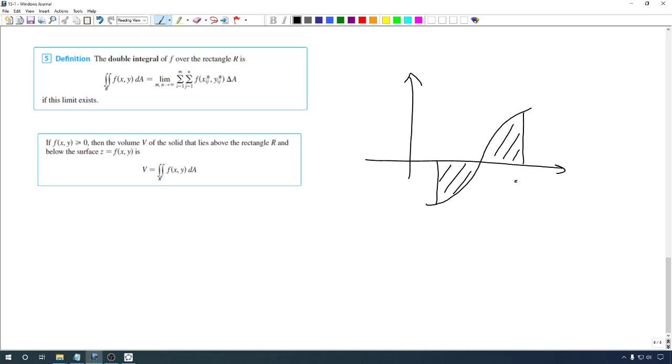So for volumes, we take the volume that's above the xy plane minus the volume that's below the xy plane, and that will be the double integral over that entire rectangle. So we're basically allowed to deal with negative volumes as long as they're below the xy plane. Hopefully I don't have to explain that too much more. Let me know if that's confusing at all.